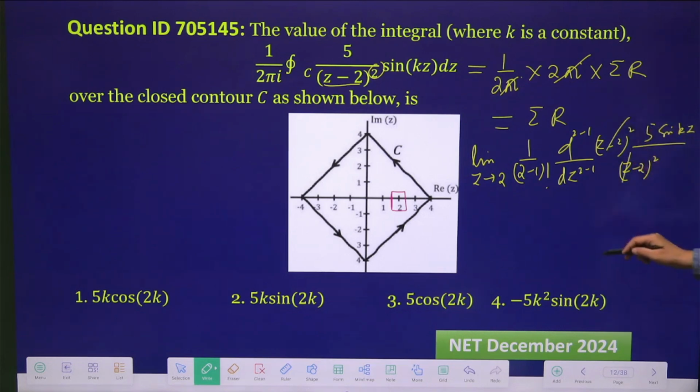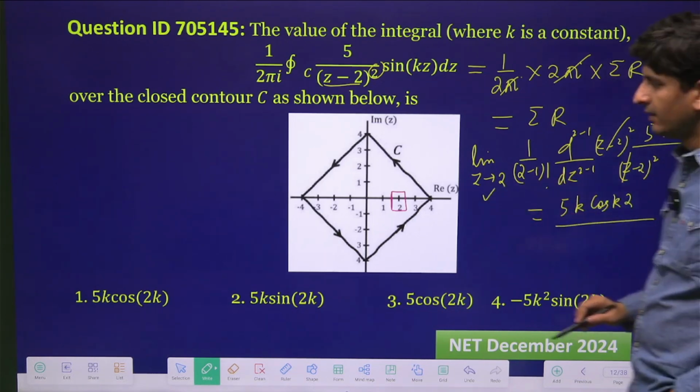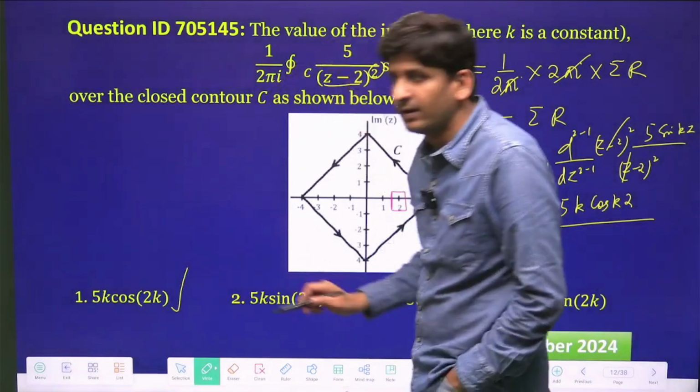So this cancels and it will become 5k cos kz, differentiation of sine, and k will come out, and k into 2 because finally we have to put z is equal to 2. So this is the answer, which is answer 1.